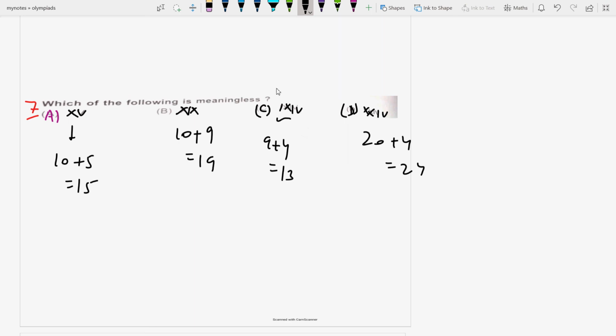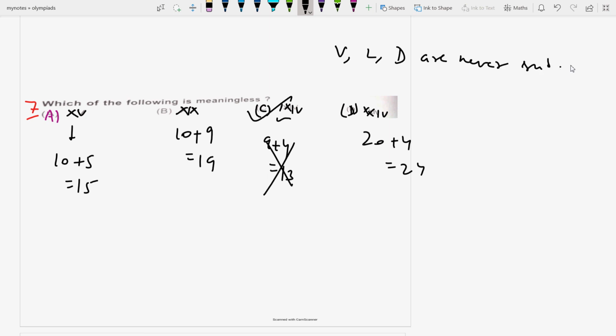This is meaningless because, if you look at the principle of subtraction, V, L, D are never subtracted. V, L, D are never subtracted.